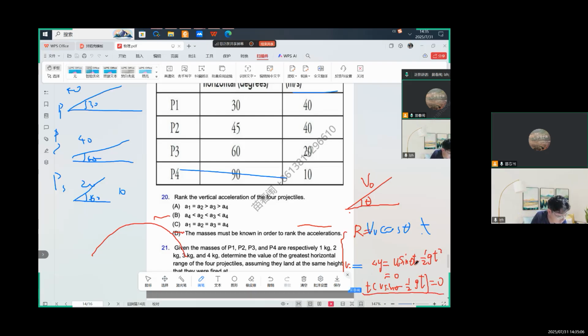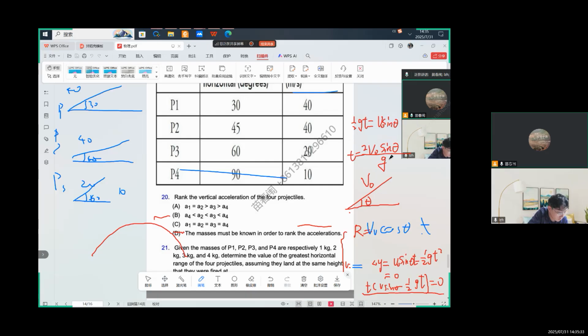It's the same factorization we did a little while ago. So t equals 0 is okay, and the other choice is 1/2 g t equals v0 sine theta, which means t equals 2 v0 sine theta over g. Does that make sense?